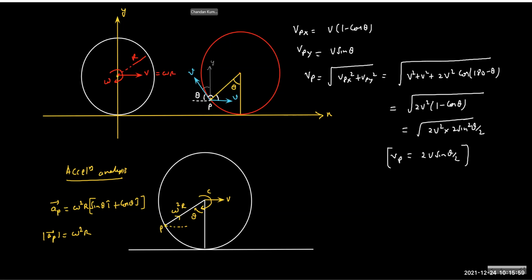So now we can go to the third concept, and that is called radius of curvature.